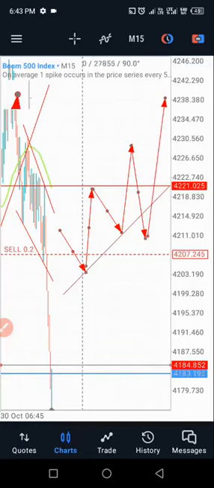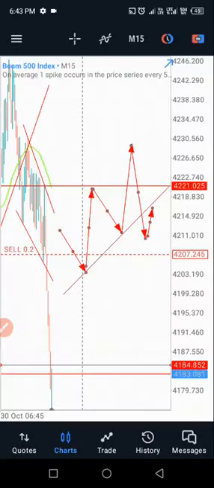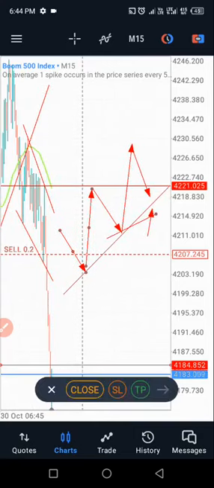So you want the market to break out and then wait for the market to retest this trend line. And then finally, you can wait for the market to start selling.